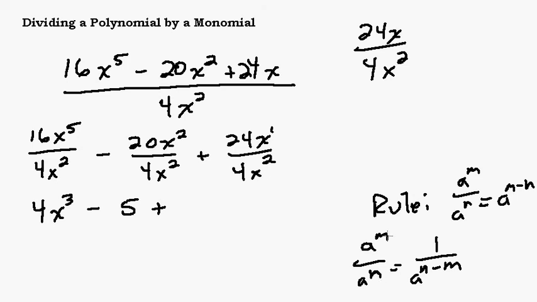I'm doing n take away m, and it's going on the bottom because the n is first, where the other rule, the m is first, m take away n, and it's going on the top. There's no fraction, but it would be on the top. And you would usually do this first version, we'll call this version A, if the top exponent was bigger than the bottom exponent, and you'd do this version B if the bottom exponent was bigger than the top exponent.